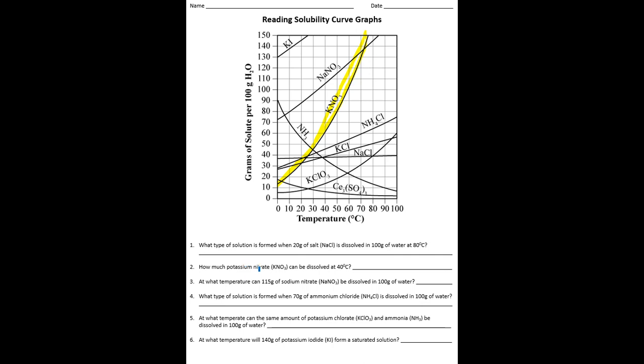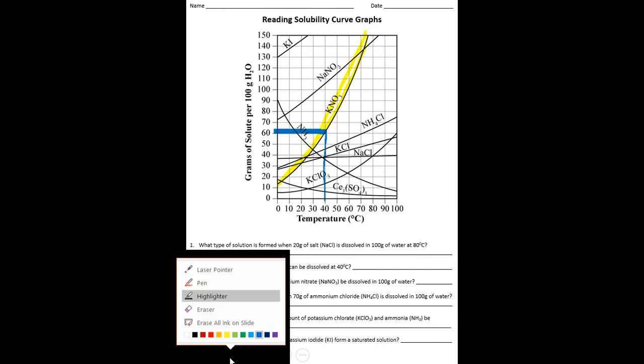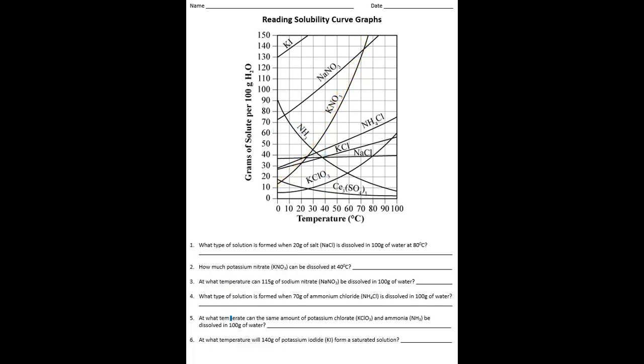It's asking how much potassium nitrate, so this time we're just going to find the temperature. We're going to carry it up to that line, and then carry it over to find out how much can be dissolved. 60 grams can be dissolved at 40 degrees Celsius. So that's how we would answer that type of question.